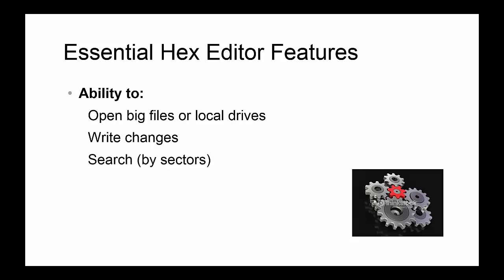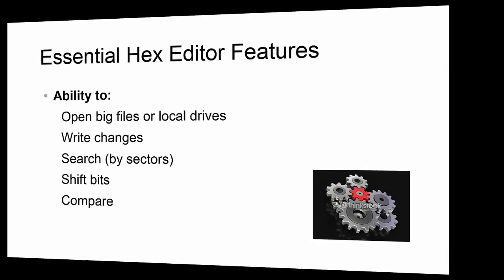Another ability is to search, especially by sectors, and also the ability to shift bits is important because, again, by shifting the bits you may be able to reveal some hidden data. And then finally, the ability to compare is also important, and there are a lot of other important features found in hex editors.